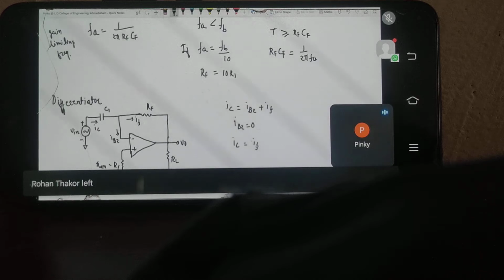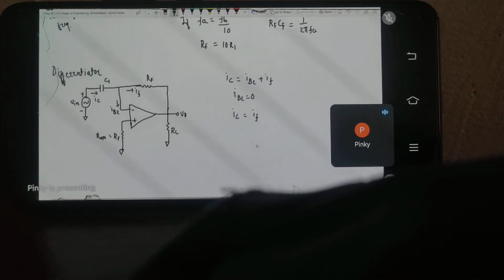Now what is the formula for IC? Current through the capacitor, correct? It is C d(V1 minus V2) by dt. Okay. IF is V2 minus VO by RF. Okay.